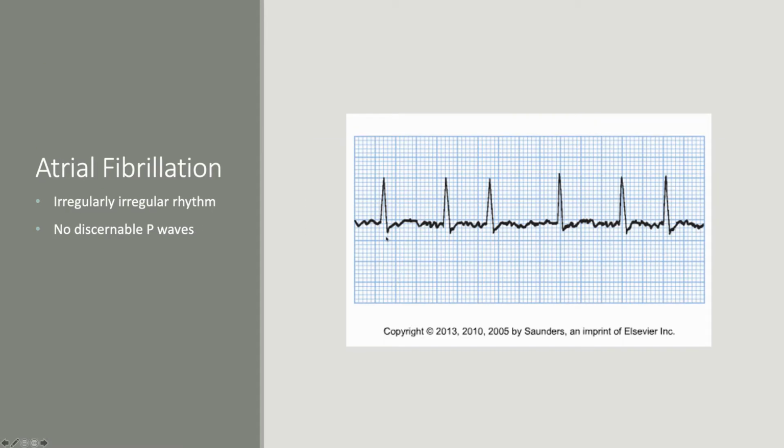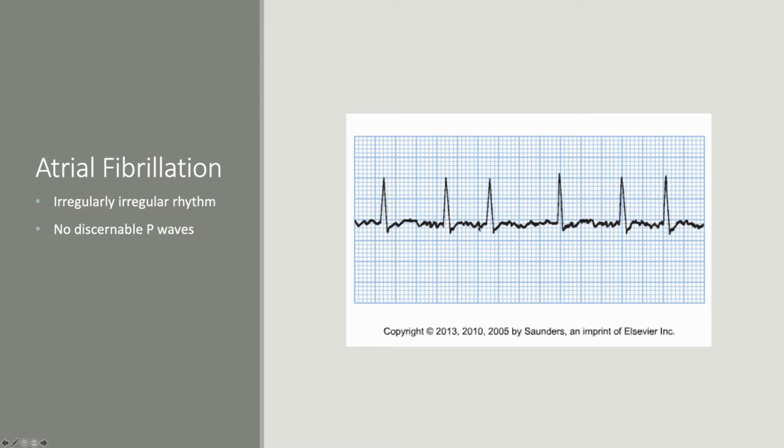Here we see a rhythm that is irregularly irregular, right? There's no pattern to this at all. Here it goes blip, blip, blip, blip, blip, blip. See? That irregular rhythm, irregularly irregular, and there's no discernible P waves.